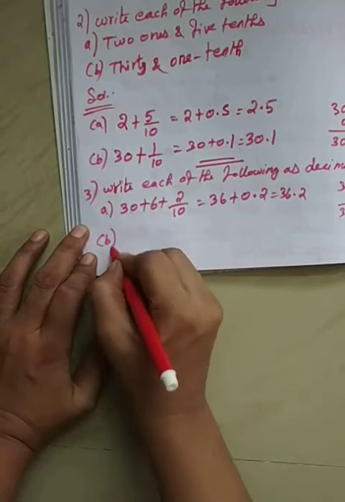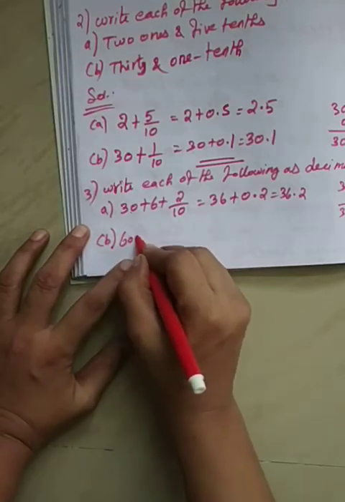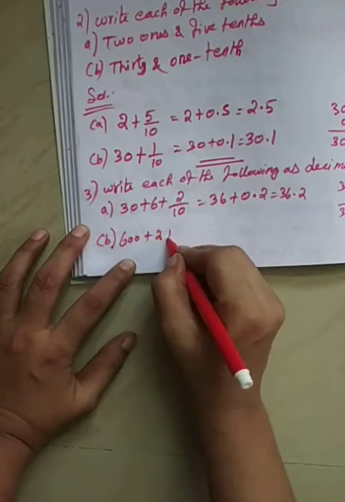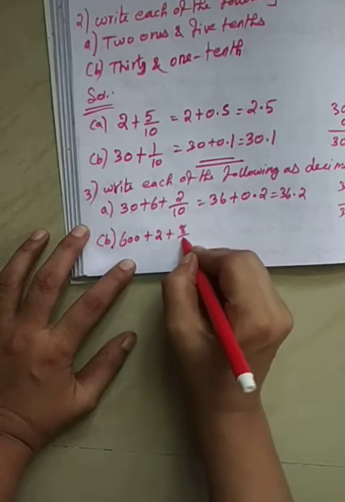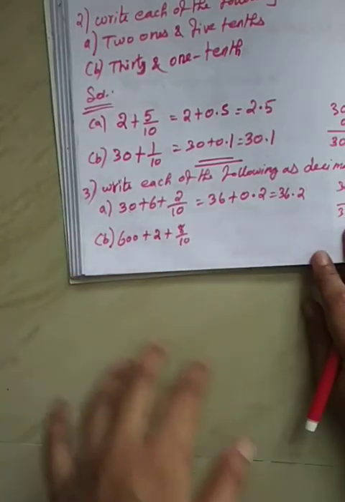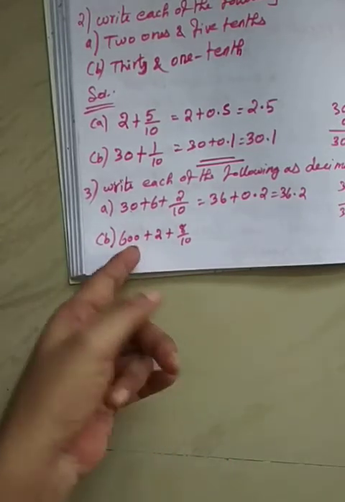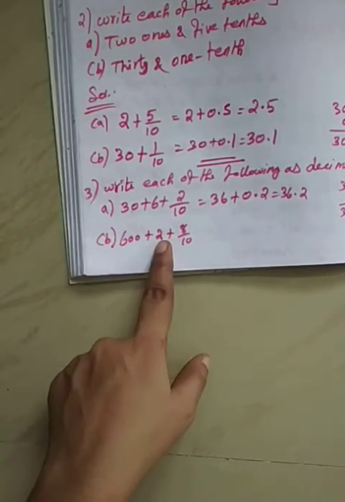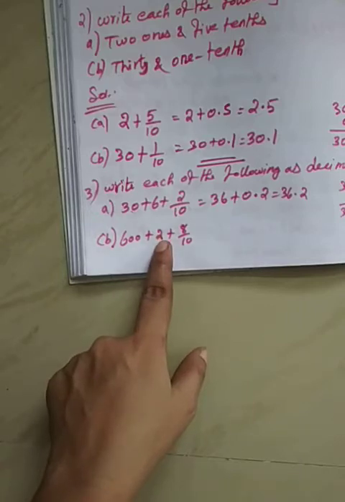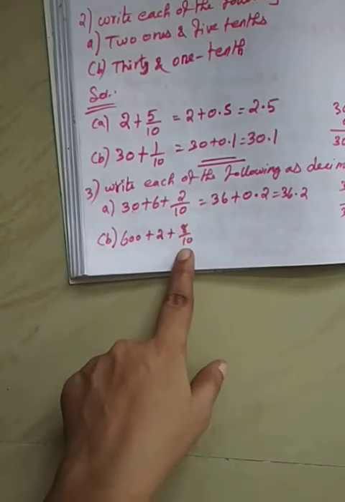Now see the second one, 600 plus 2 plus 8/10. See here, it has 6 hundreds, no tens, 2 ones and 8 tenths.